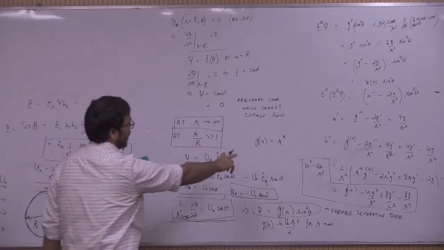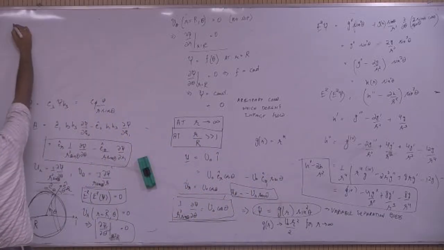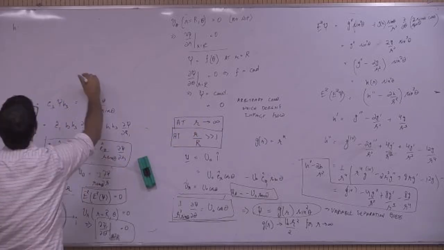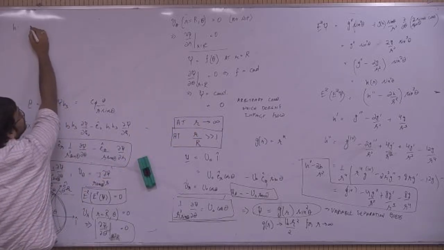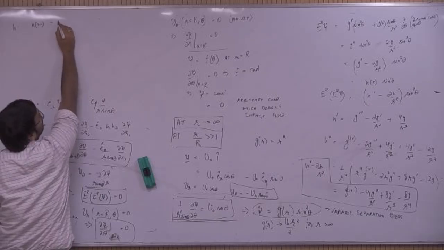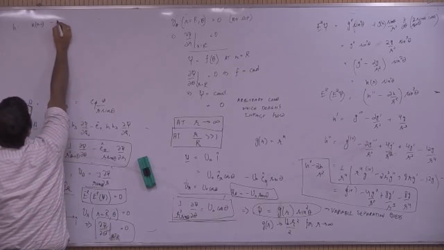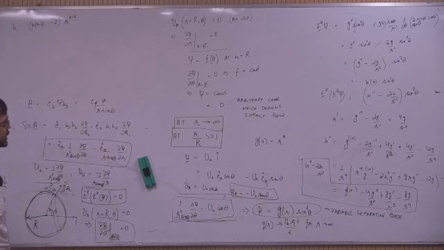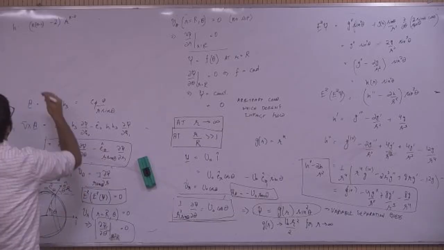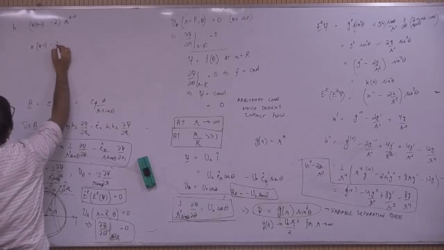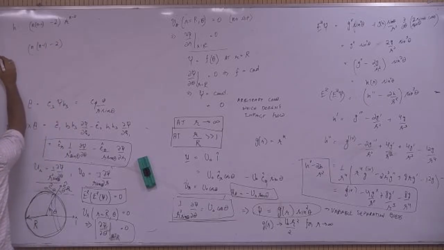So if I put g of r as r to the power n, then h becomes what? What is h? It is g double prime minus 2g by r square. So it is n into n minus 1 minus 2 r to the power n minus 2, right? That is what h is. So now I'm writing h double prime minus 2h over r square.